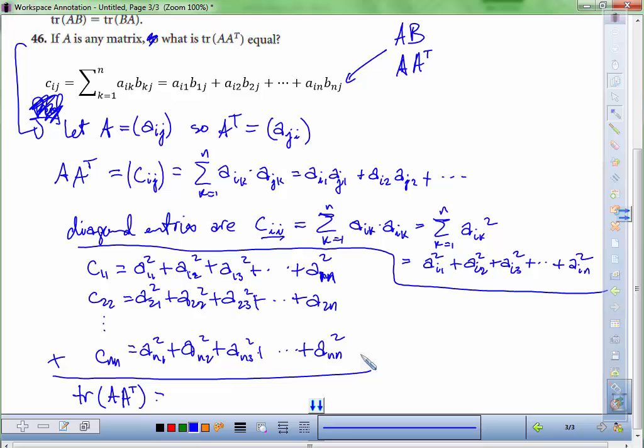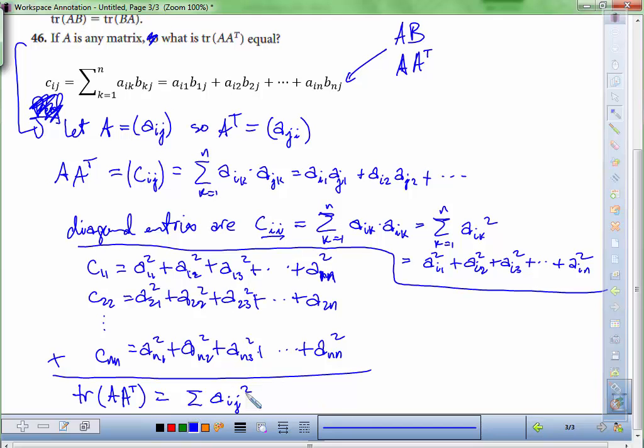No, there's no quick way to do it. It's basically adding up all the entries squared, the a_ij squared.